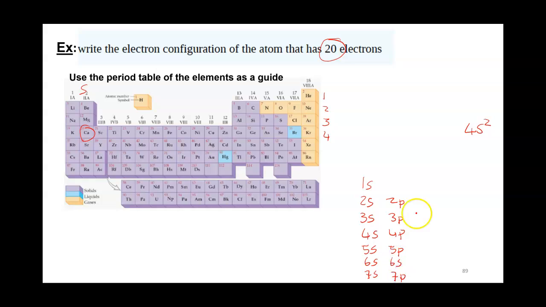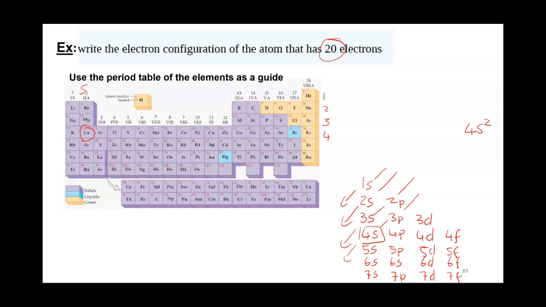And then for the third column, I'm going to write 3d all the way down to 7d. And then for the fourth column, I'm going to write 4f all the way down to 7f. And then I'm going to put in my arrows showing the order of subshell filling. And I'm going to stop at 4s because I know I don't need to go any further than 4s.